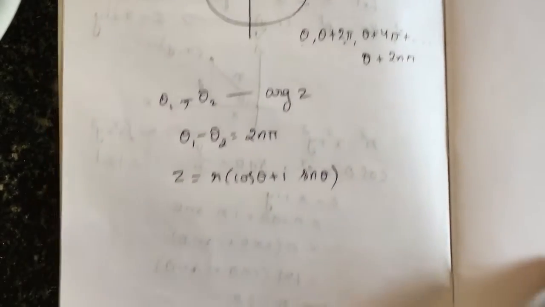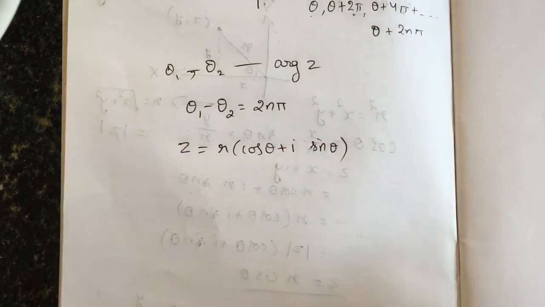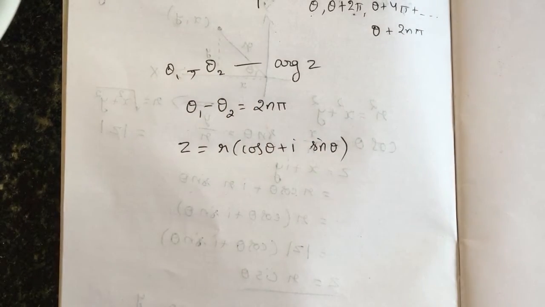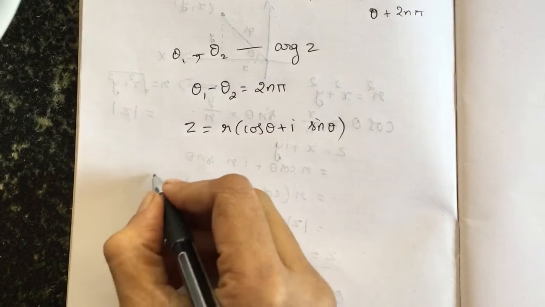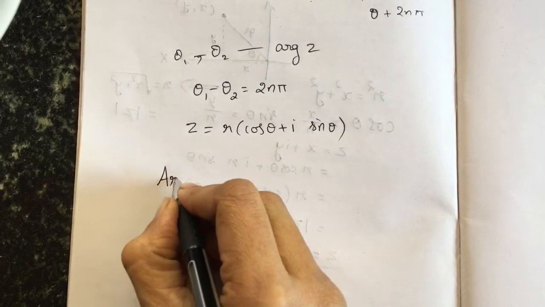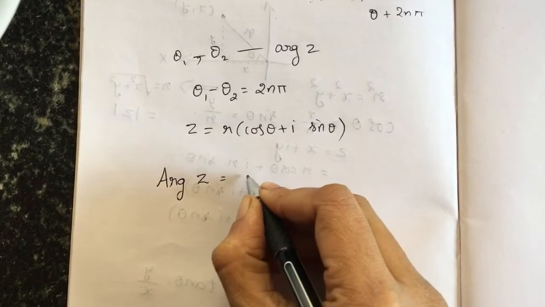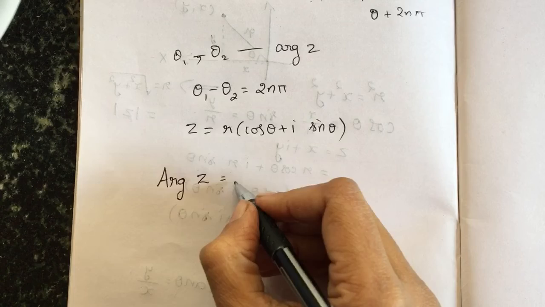So you are getting different values for the argument of z, a set of values. Now the principal value of the argument of z is denoted by capital A, Arg z.